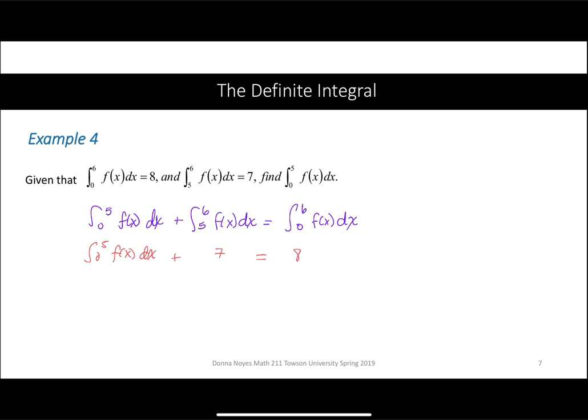So the integral from 0 to 5 of f of x dx has to be a number that adds to 7 to give me 8, which is 1. So it looks complicated, but this is actually one of the simpler problems we have. Just put the a's and b's in order, so 0 to 5 and 5 to 6, add those up to get you 0 to 6. Put them in numerical order, and you should find these types of problems really straightforward, hopefully.